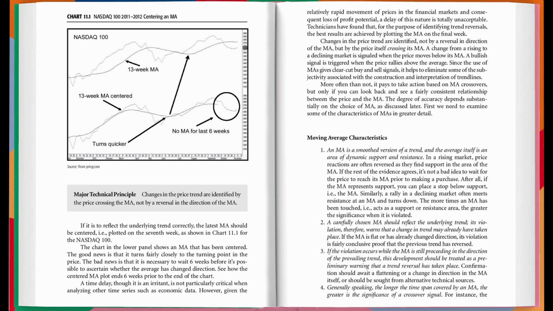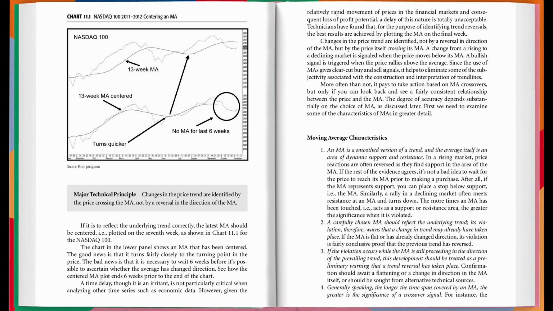Similarly, a rally in a declining market often meets resistance at an MA and turns down. The more times an MA has been touched, i.e., acts as a support or resistance area, the greater the significance when it is violated. 2. A carefully chosen MA should reflect the underlying trend. Its violation, therefore, warns that a change in trend may already have taken place.